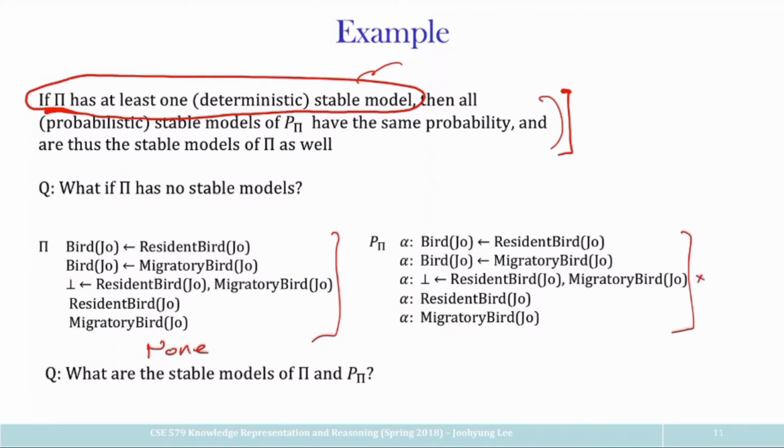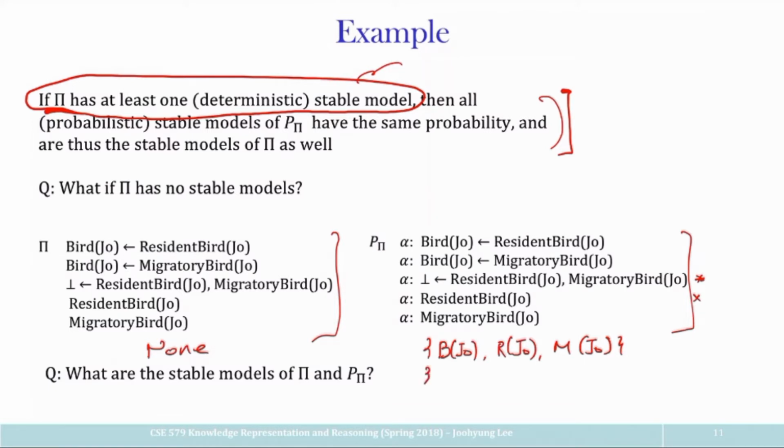What are the 3? If you forget about this rule temporarily, what stable model do you get? Bird, resident bird, and migratory bird. So bird of Joe, resident bird of Joe, and migratory bird of Joe, right? Because when you forget about the third rule, nothing contradicts. That's one thing. What about now forgetting about the fourth rule?